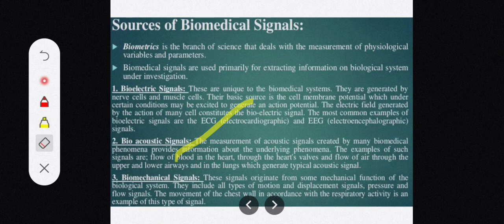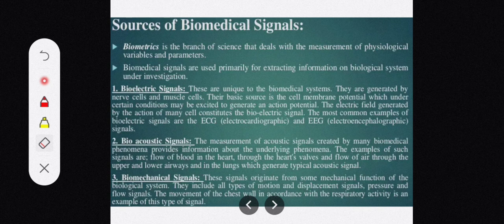Next, the biomedical signal that I am going to discuss is the biomechanical signal. So what is a biomechanical signal? In very short, the signal that is obtained from the mechanical function of a biological system is the biomechanical signal.